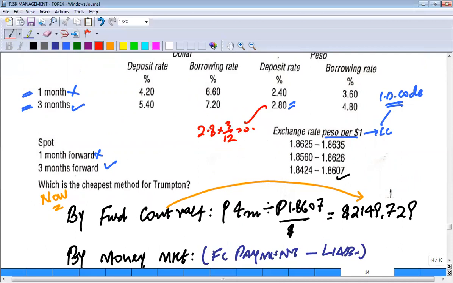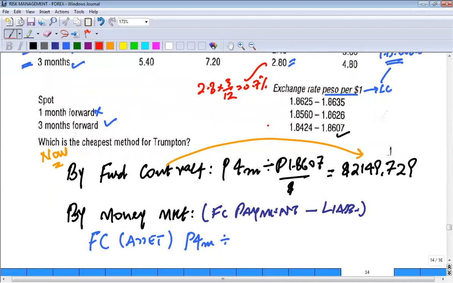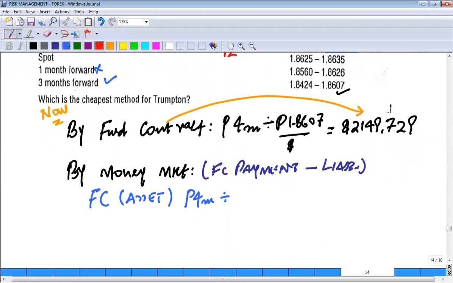That is 0.7%. So 1 divided by 1 plus that is equal to 3,972,195 pesos.